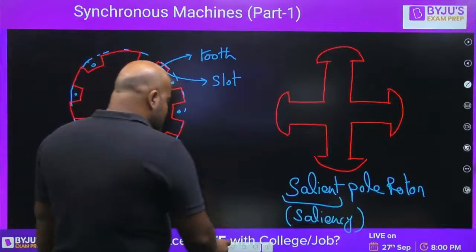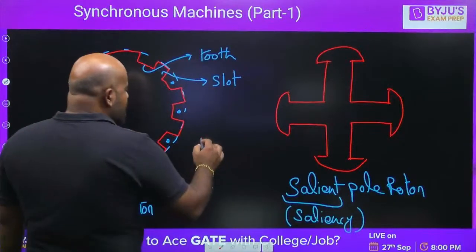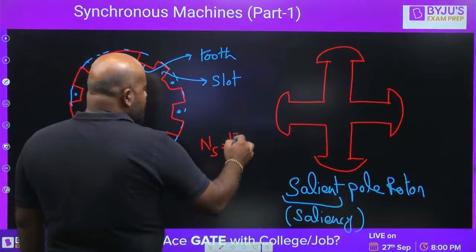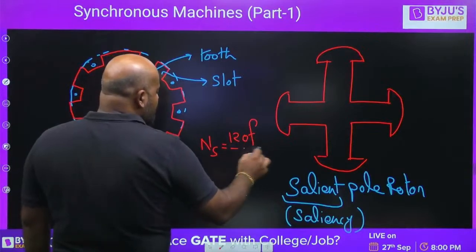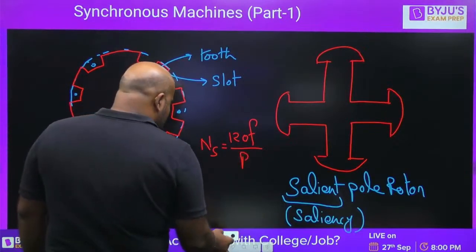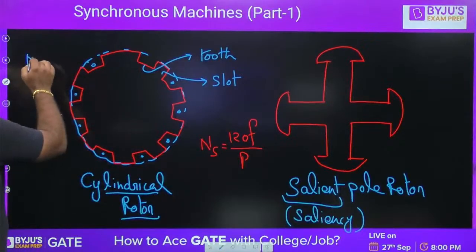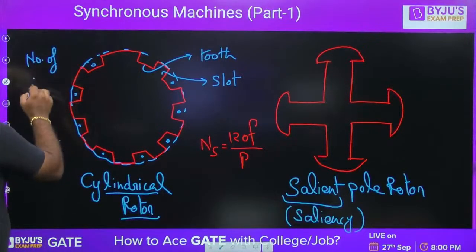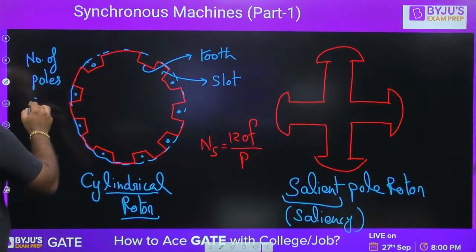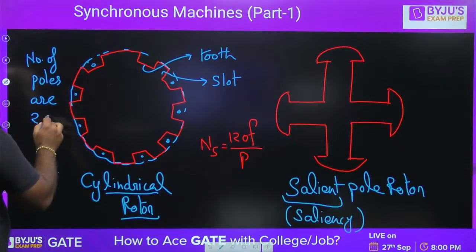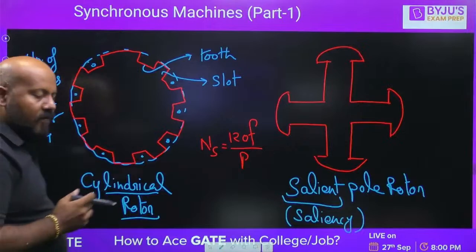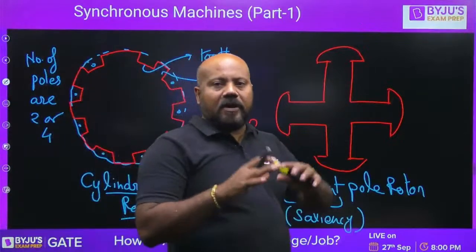If you talk about the speed, the synchronous speed is defined as 120 F upon P. So if you see the cylindrical rotor, generally the number of poles is 2 or 4, not more than 4, because of the constructional limitations.